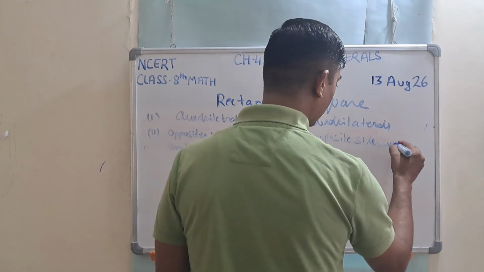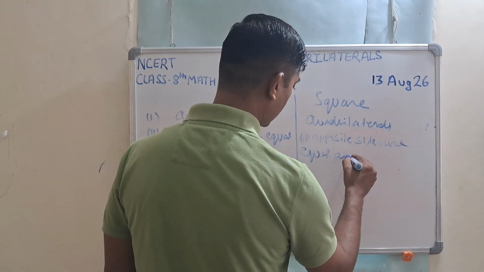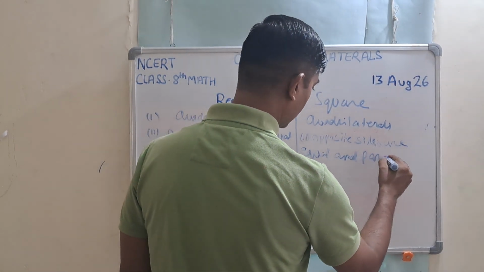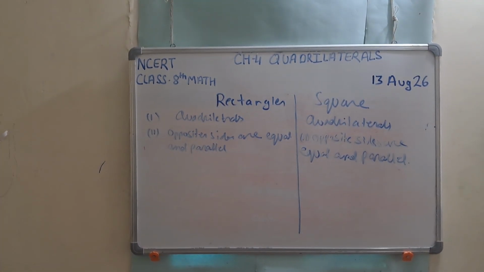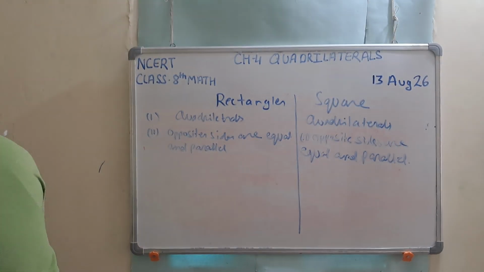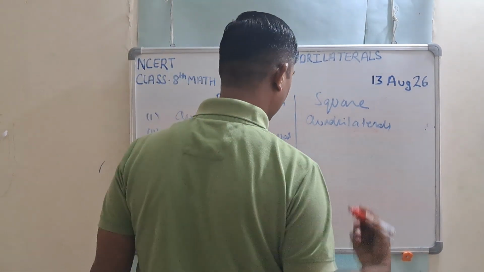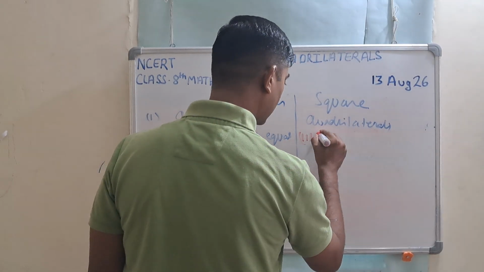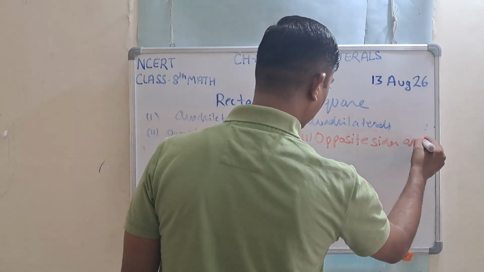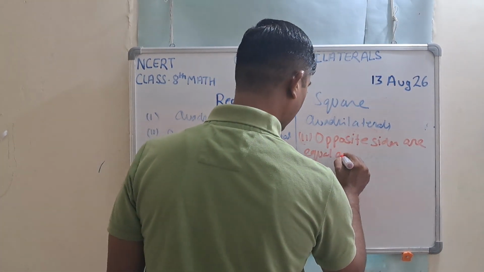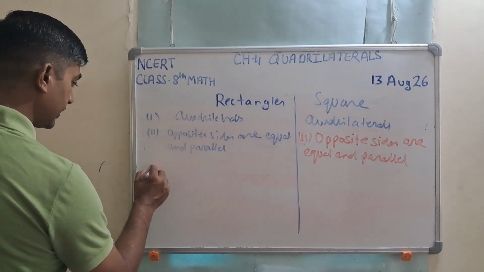Opposite sides are equal and parallel. Understood?